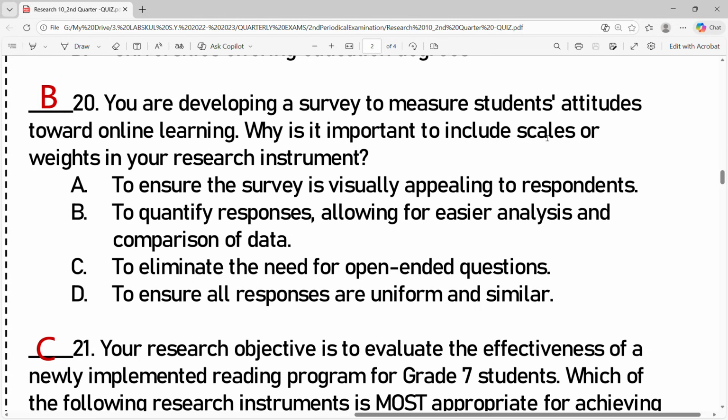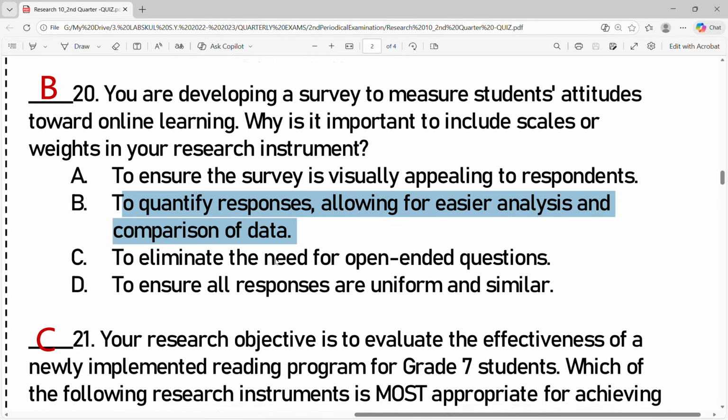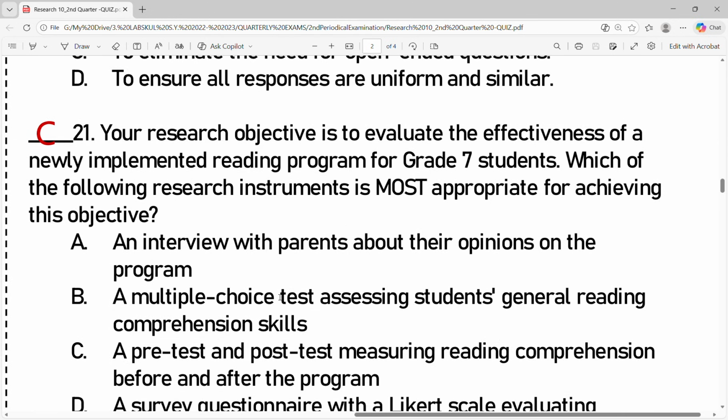Usually when we are having quantitative research, we're using, of course, questionnaires with scales and weights. That is to quantify responses, allowing for easier analysis and comparison para kapos maisip because these are examples of quantitative data. So, number 20, the answer is letter B.